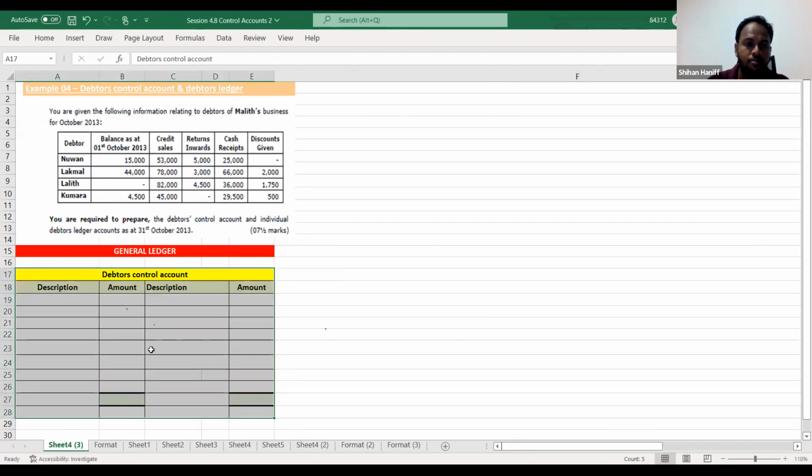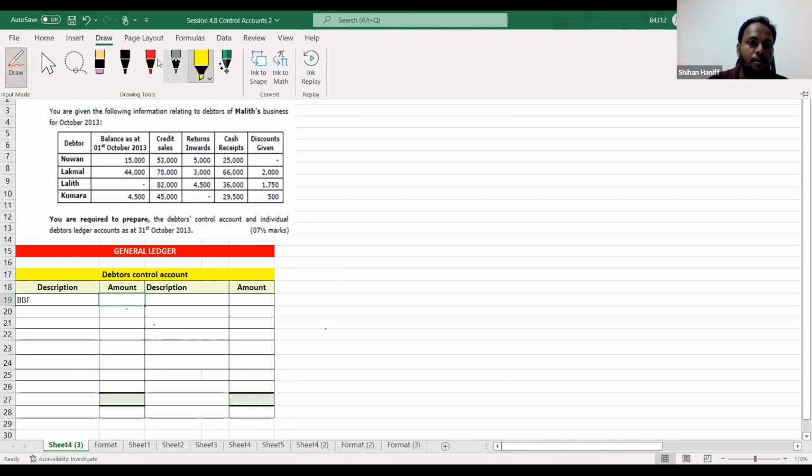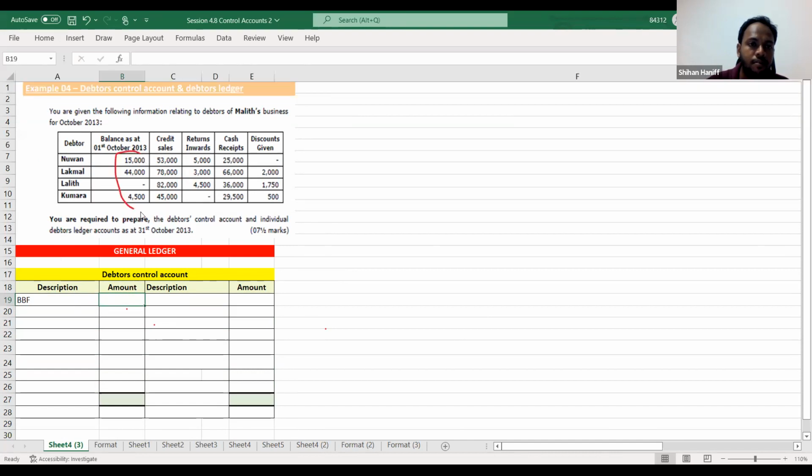For the control account, you have to take the total. Opening balance means you have to get the total of this. Sales also total, return inwards total, received total, discount given total. And prepare individual accounts.